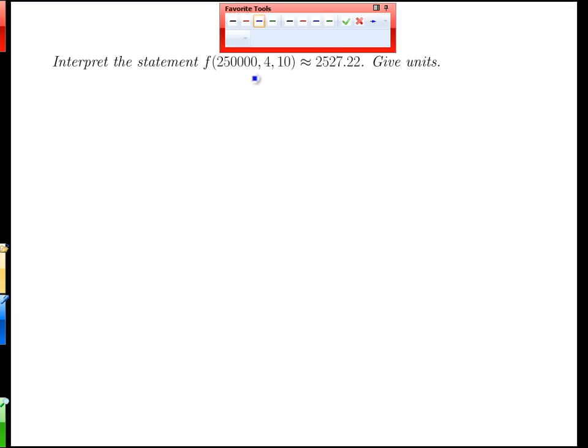Just as a final thing on this example, let's interpret some statements about this. Order matters when we define a function like this. It's A, R, and T. That's how we defined it on the previous page.